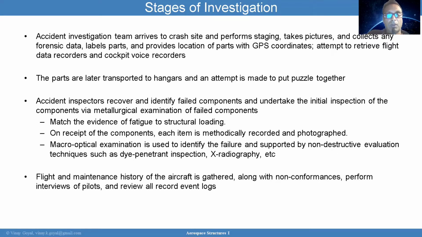They will label the parts and provide locations of the parts with GPS coordinates. And they may attempt to retrieve flight data recorders and cockpit voice recorders. The parts are later transported to the hangar, and an attempt is then made to puzzle everything together.